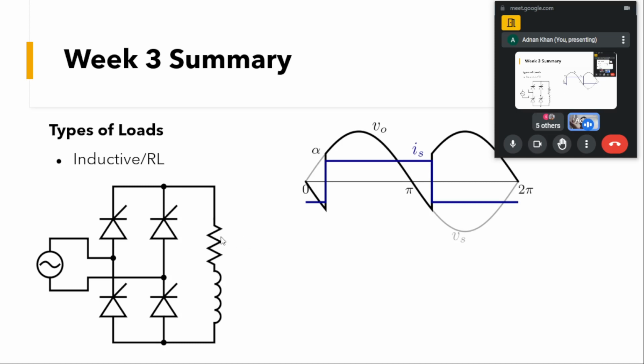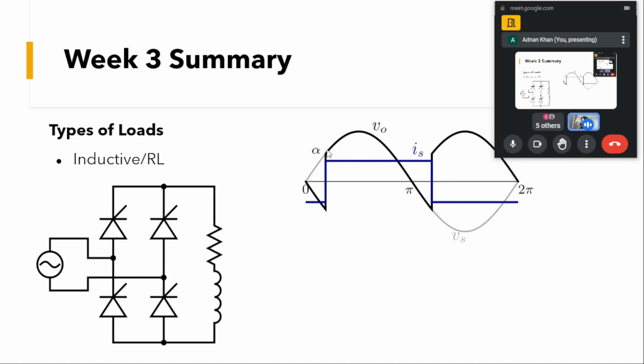So after the pi interval, when the voltage is negative, the current will flow through these diodes, which will be forward biased, and make the current flow in the same direction.